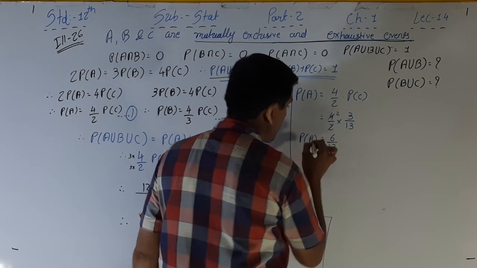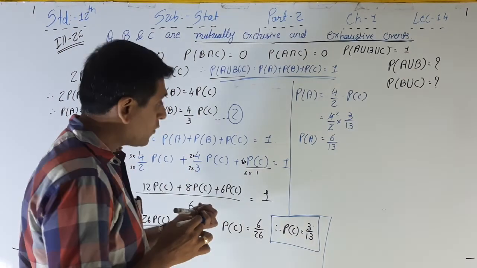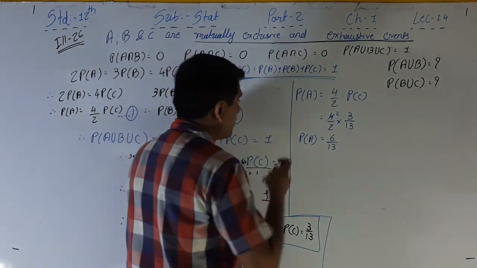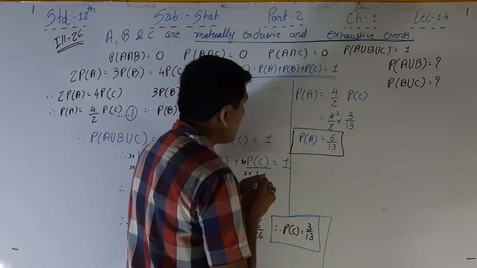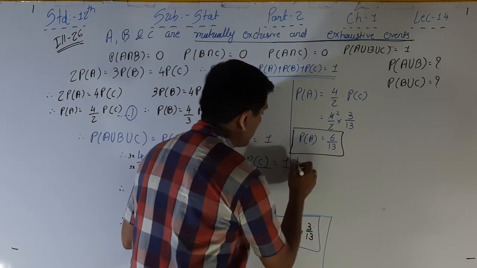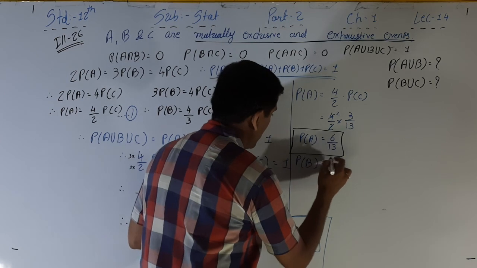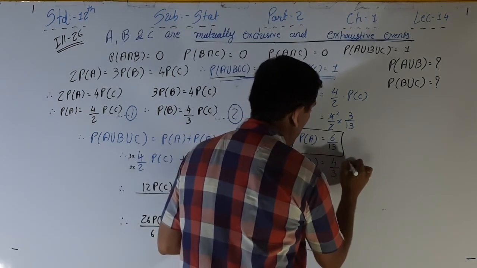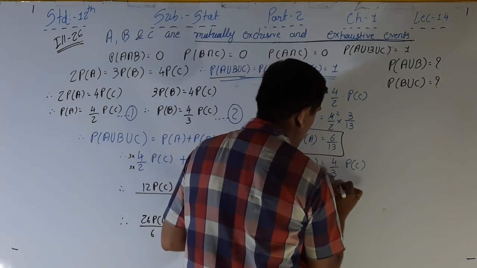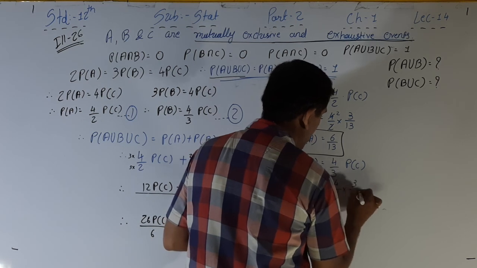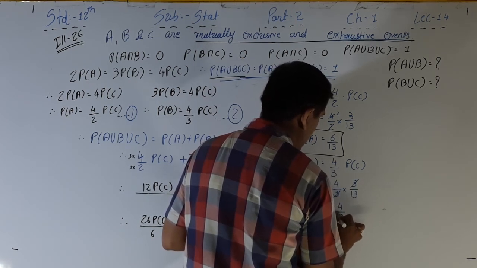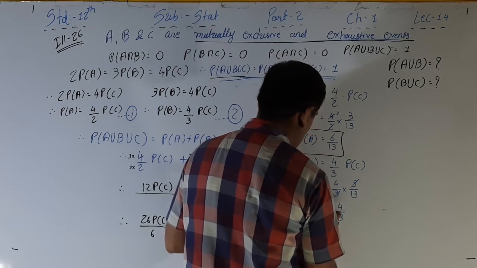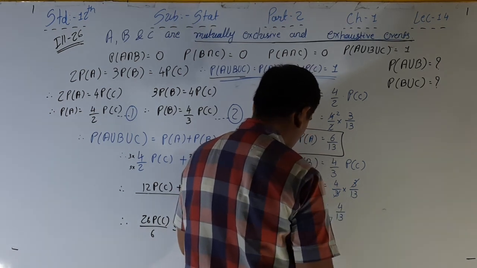P of A is equal to 6 by 13. Right? That is your first answer. Now P of B is equal to 4 by 3 P of C, which is 4 by 3 into 3 by 13. 3 cancel. That's why 4 by 13. P of B is equal to 4 by 13.